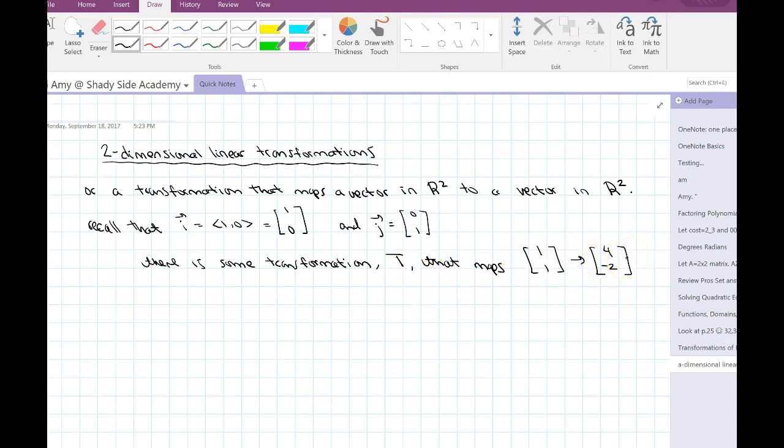And remember, the word transformation is replacing the word function that we've used. So I need some more information, and I'm going to give you some.